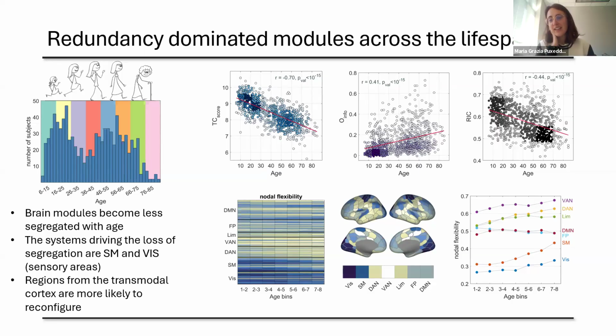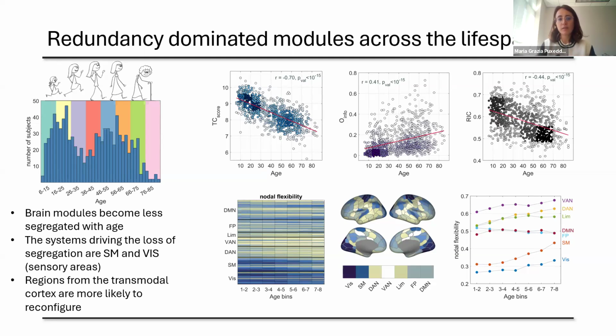But I think again, what's interesting about these results is that there's not a brain system whose behavior is associated with age. There are different moving pieces that contribute to the changes of the brain topological organization throughout the age.